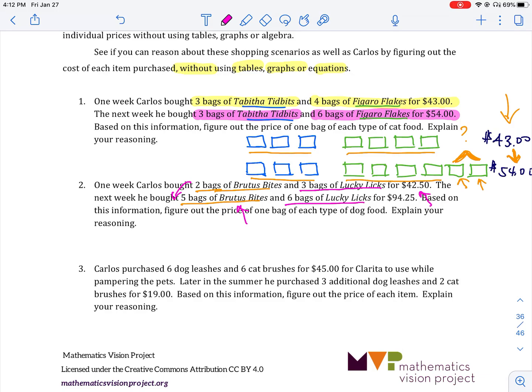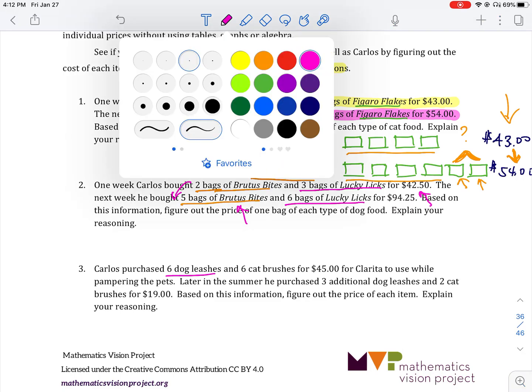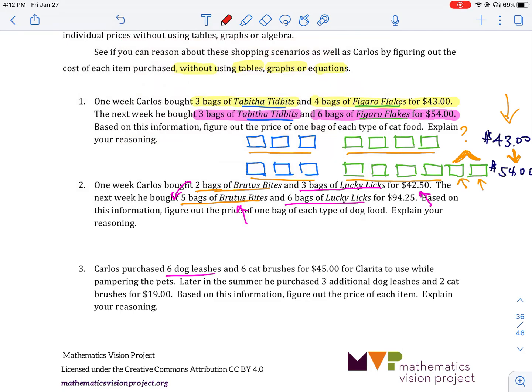As for the Carlos one, purchasing dog leashes, he bought 6 dog leashes and 6 cat brushes. I'll underline that with a different color. And he used $45 for that one. Later in the summer, he purchased 3 additional dog leashes and 2 additional cat brushes for $19.